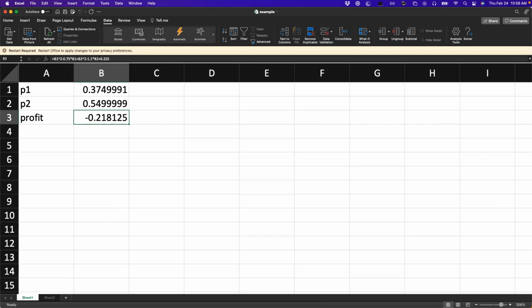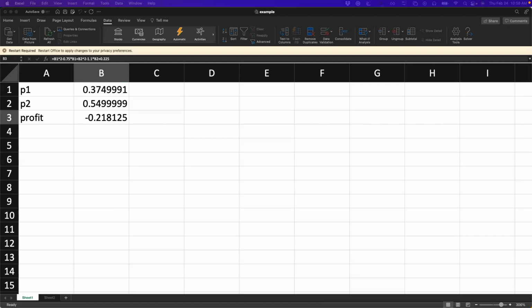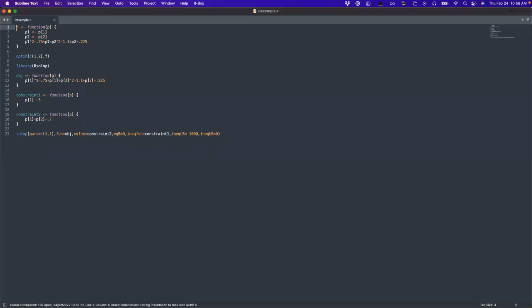So another way to do it is with R. So ignore, oh, hang on, here we go.